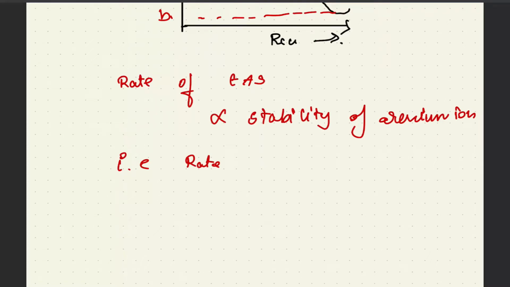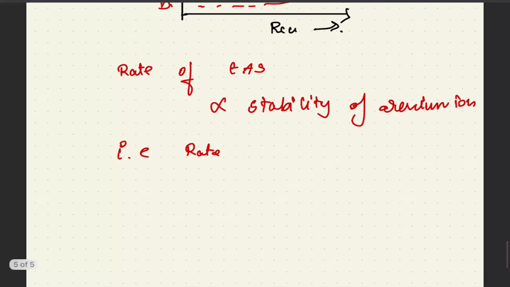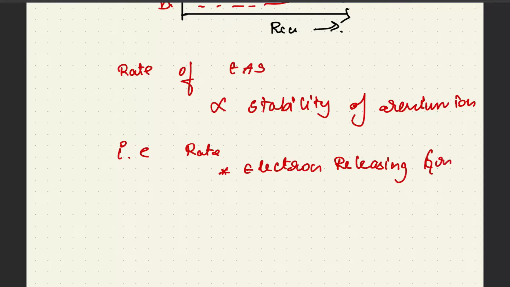The rate of reaction depends on the type of groups, that is, the electron releasing group or the electron withdrawing group.